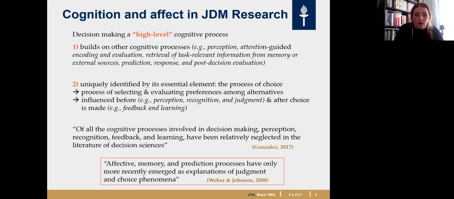And according to Weber and Johnson, affective memory prediction processes have only recently emerged as explanations of judgment and choice phenomena. So even though JDM has been studied extensively for decades in different research areas, there are still a lot of issues to be done.